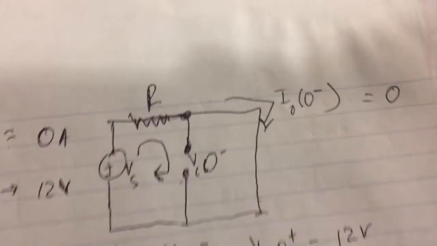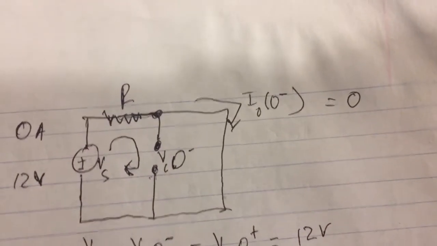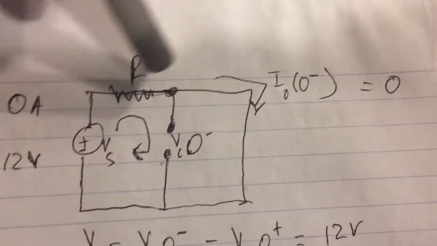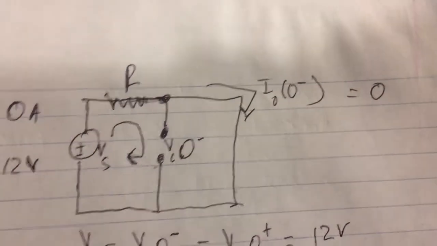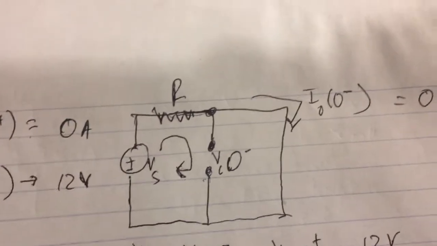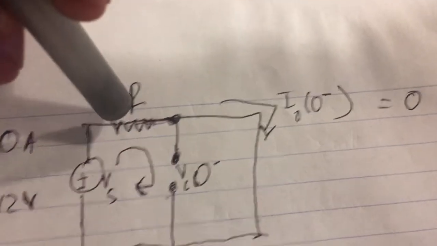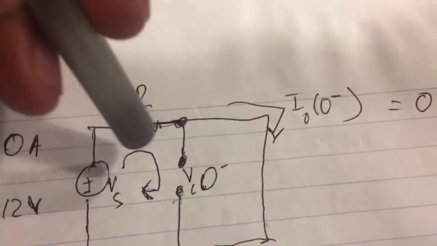At time equals 0 minus, this is how the circuit looks. So basically, we can solve for Vc(0-) as well. You know what? Let's do that too. Okay, Vs and R are in series, right?